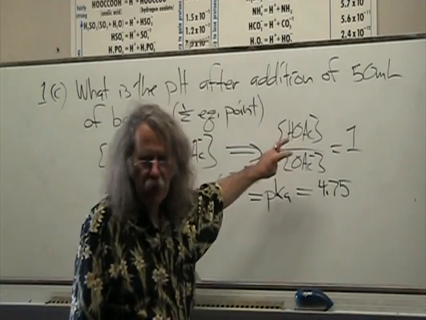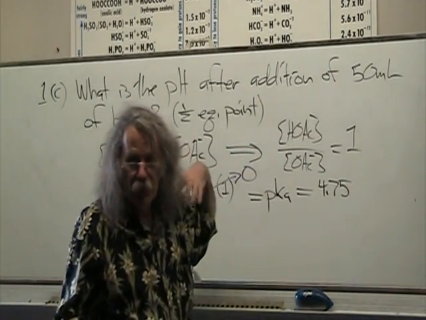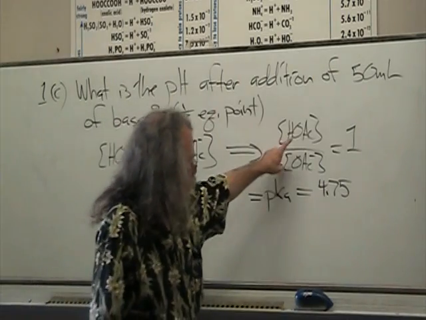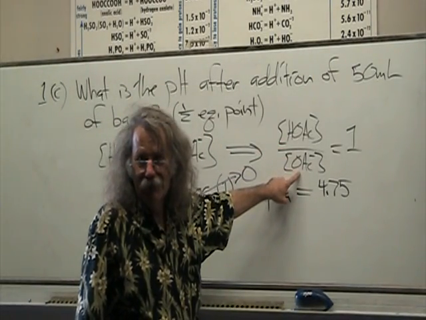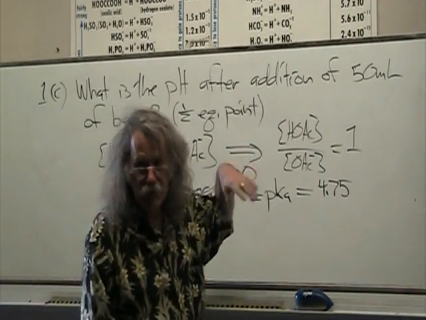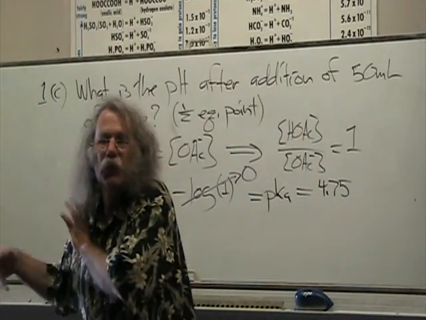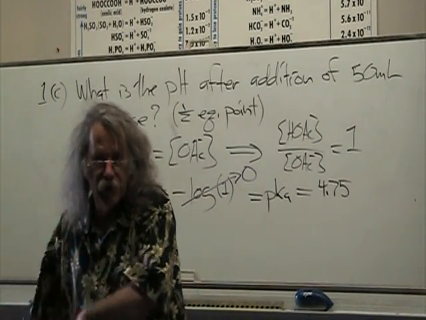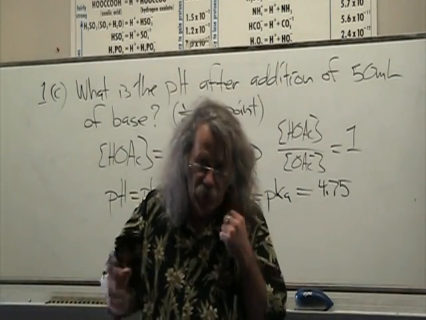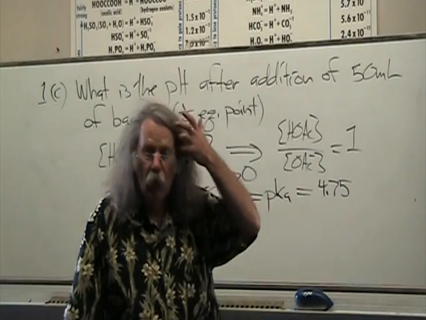Well, actually, it'd be an equivalent expression. For example, if this was ammonia, this would be ammonia, and this would be the ammonium ion, because it's the same type of derivation. You derive it from Kb. You derive the same Henderson-Hasselbalch expression, and you end up with pOH equal to pKb minus the log of the parent base over the conjugate acid.